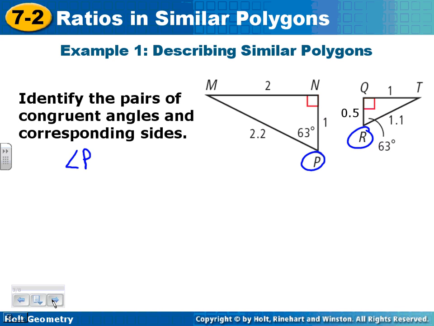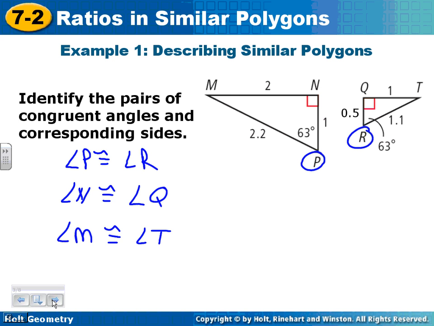Angle P is congruent to angle R. And then keep going. Looks like angle N would be congruent to angle Q. Then what's left over? Angle M. That would be congruent to angle T. So again, my angles are always congruent.